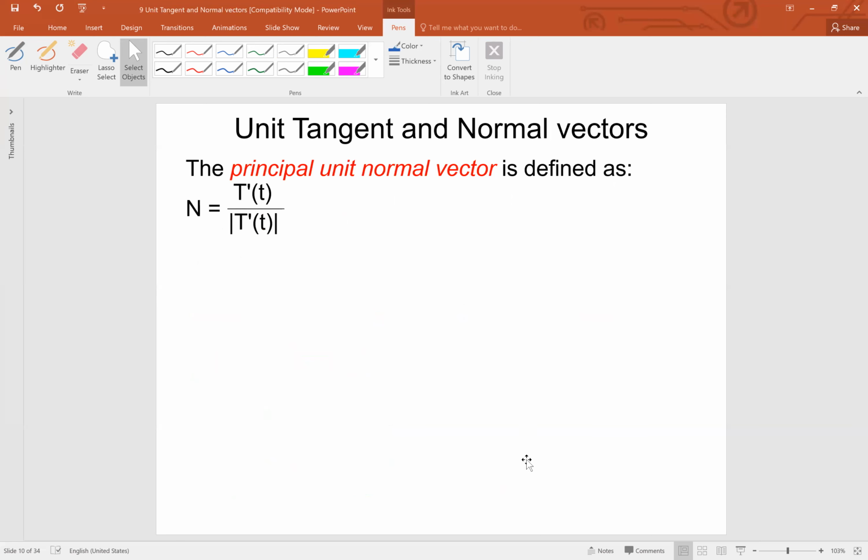The principal unit normal now is the unit tangent's derivative. Because the unit tangent has constant length, so it's length 1, N, which is the derivative of the unit tangent, is perpendicular to the unit tangent, or perpendicular to the tangent.